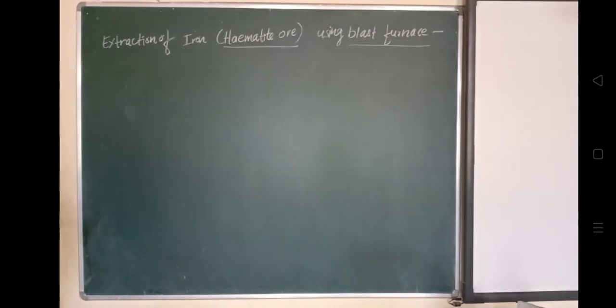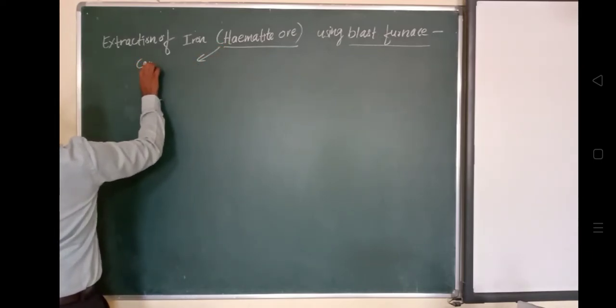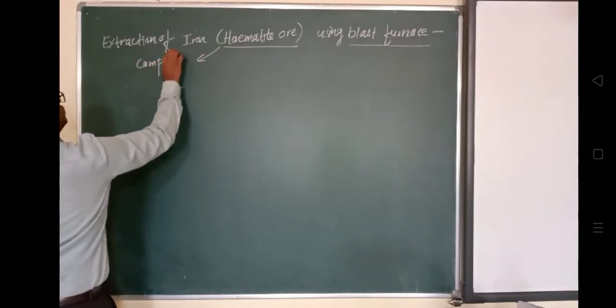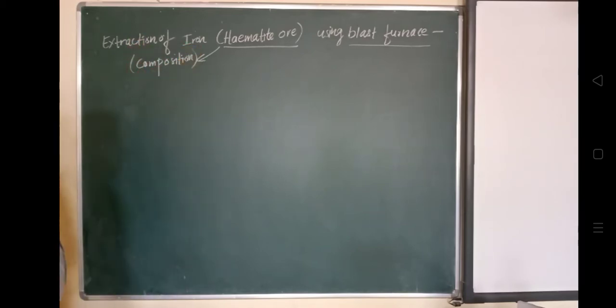Iron is the fourth most abundant element in the earth's crust, that you have to remember. What is the composition of hematite ore? You know very well that ore consists of some impurities.